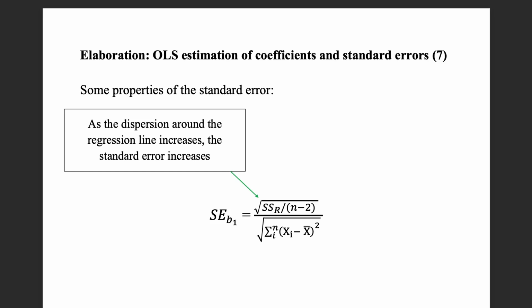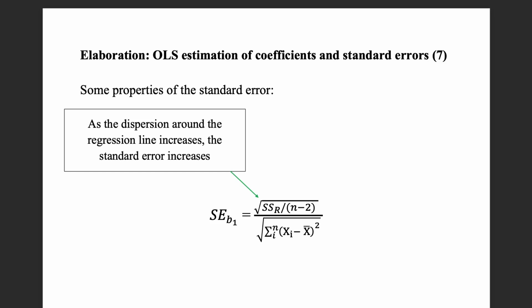So basically, it expresses the dispersion around our regression line. And if you think about it like that, it actually makes sense, right? If you have a regression line and all the individual observations are really, really close to that regression line, so the residuals are very, very small, then that model does a very, very good job of predicting your dependent variable.